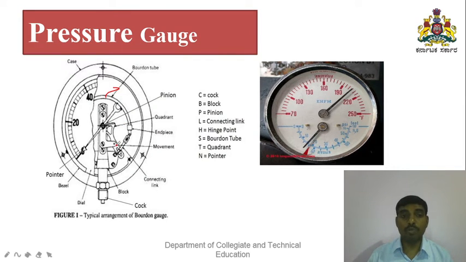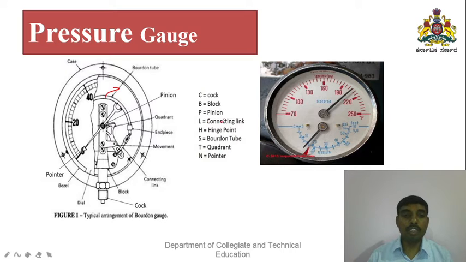So this is the Bourdon tube pressure gauge. The actual picture shows how the Bourdon tube and the pressure gauge look. These are the main components of this gauge. We have a cock, which is what we use here, and a block. We also have a rack and pinion arrangement for the movement of the pointer.